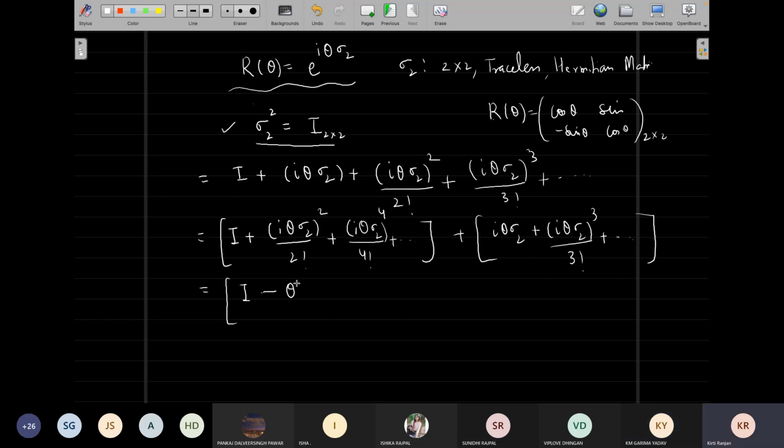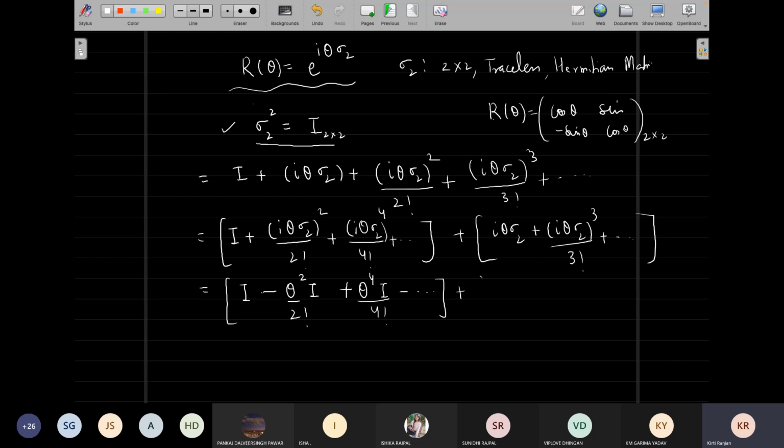Minus theta square I over 2 factorial. What is the next term? i raised to power 4, plus theta 4 I over 4 factorial, and then you will find terms like this.